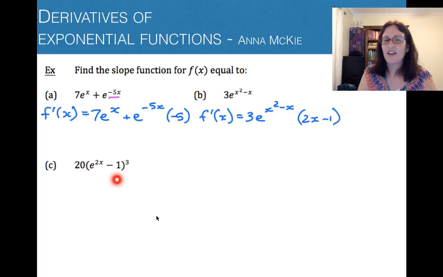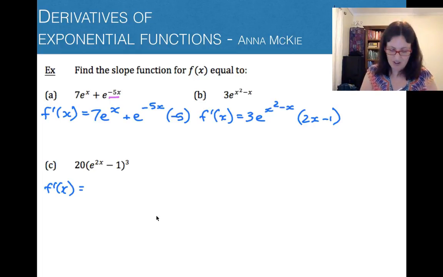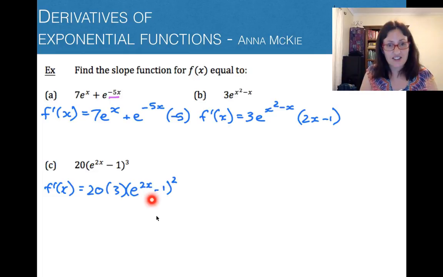This one here, you're going to have to use one of the rules that you've learnt in previous videos, thinking what that one would be called, that rule. It would be the chain rule. So the derivative of that needs to use the chain rule. So you need to bring down the power and then copy and paste what's in the bracket, lower the power by 1, and now you can differentiate the inside.